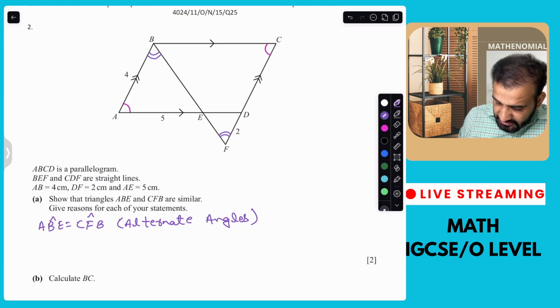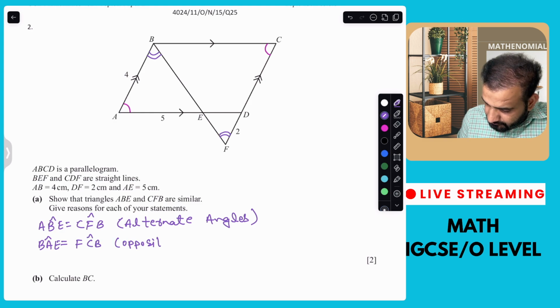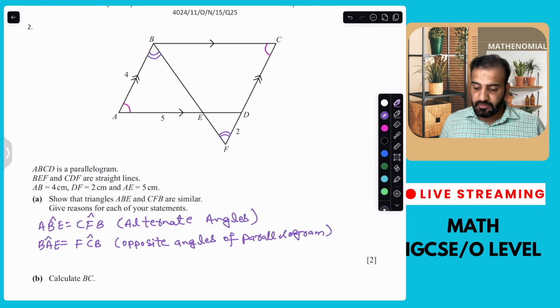So I would write angle BAE is equal to angle FCB, opposite angles of a parallelogram. Right, students?